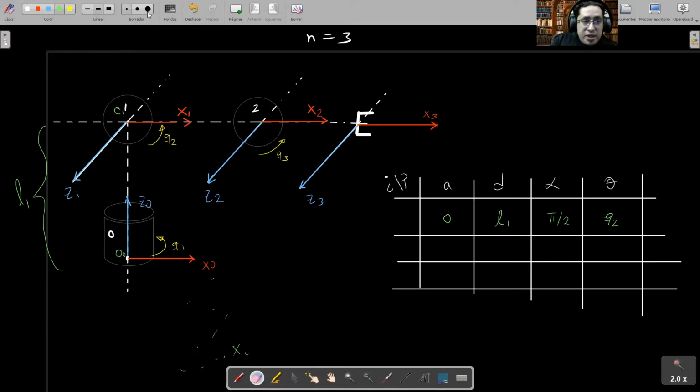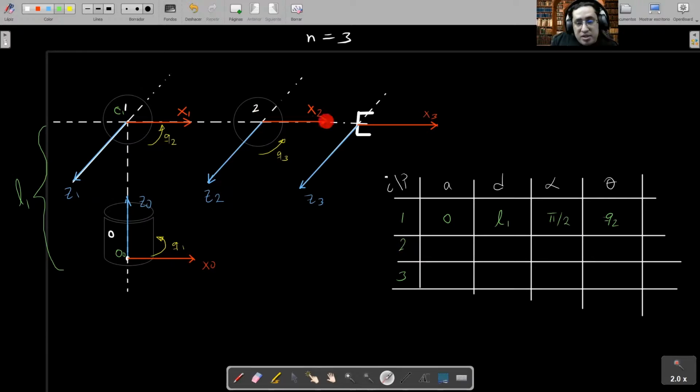Okay, the next steps are very easy. Here we have A, and here we have 1, 2, 3. Okay, A here is when we are now computing with respect to the second joint.